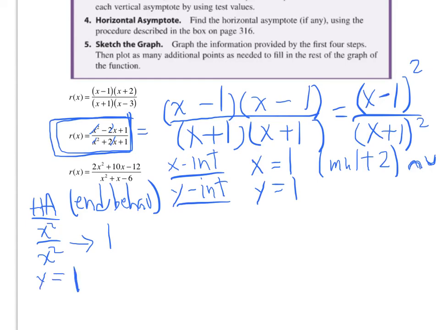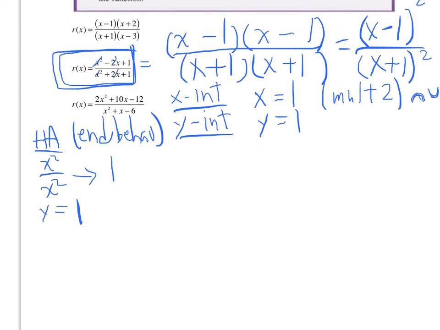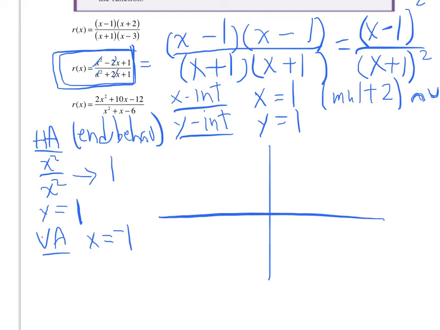The vertical asymptote is obtained by looking at the zeros of the denominator. That's clearly x equals negative 1, so we have a vertical asymptote at x equals negative 1. Let's see if we can figure out what this graph looks like. We have x-intercept at x equals 1, so here's x equals 1. We have a y-intercept at y equals 1, so here's y equals 1.